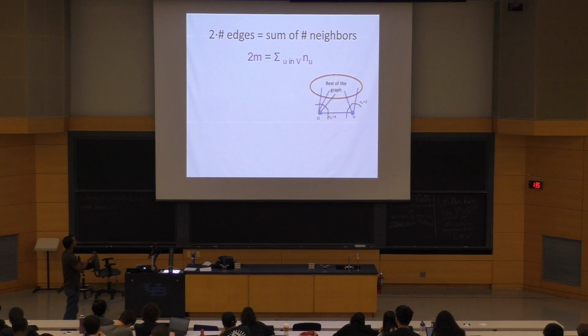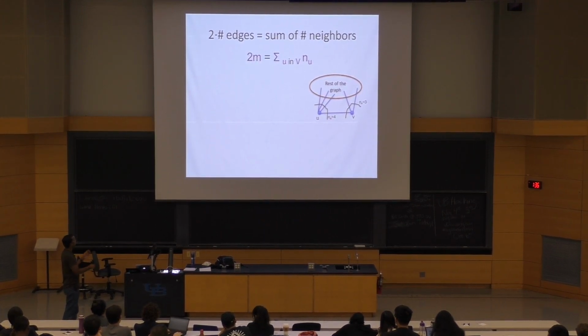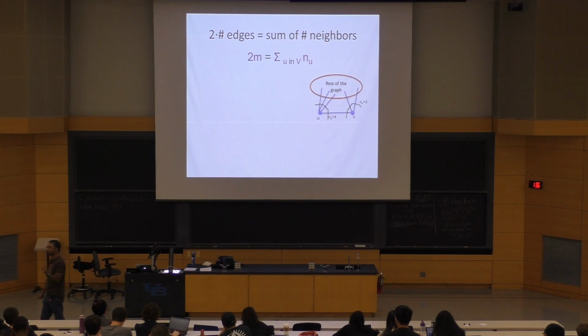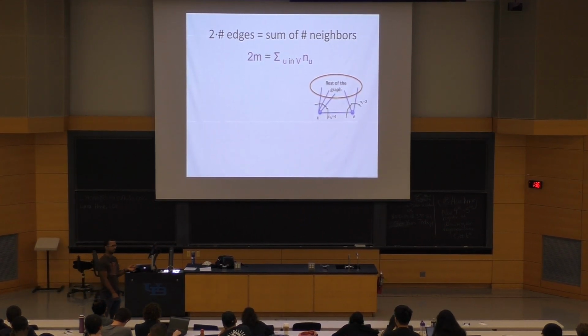So a bit more mathematically, the quantity 2m is exactly equal to the sum over all vertices u of the number of neighbors of u, which is n of u. Okay? Is the statement clear?